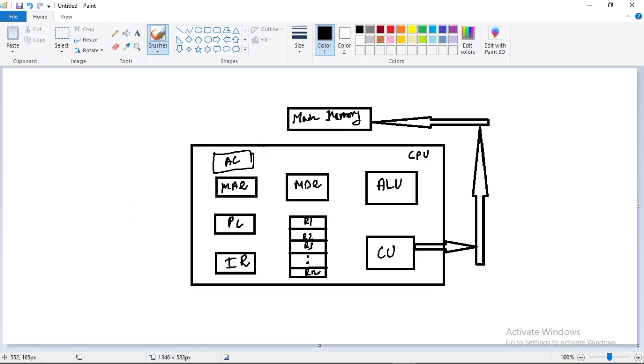So that whenever the CPU finishes the execution of instruction 5, it can start executing instruction 6. For that reason, the program counter serves a special job. That's why in the 8085 we call it a special purpose register. Here you can also call it a normal register or special purpose register, whatever you like.